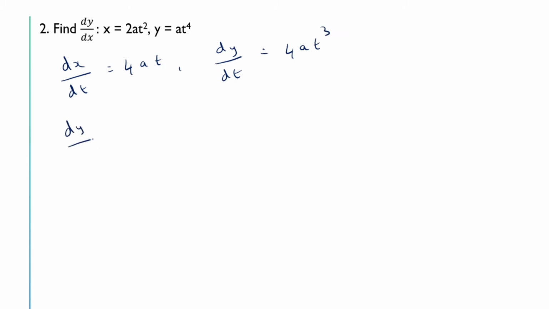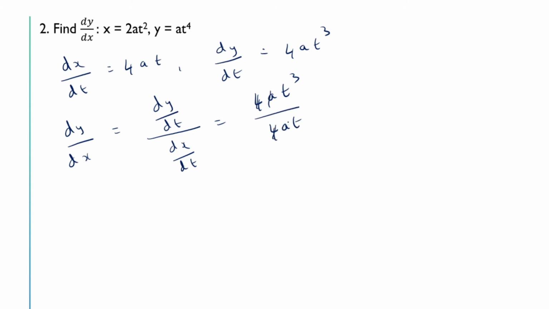So dy by dx is equal to dy by dt divided by dx by dt, 4at cube divided by 4at. So t cube by t is t square. Therefore dy by dx is equal to t square.